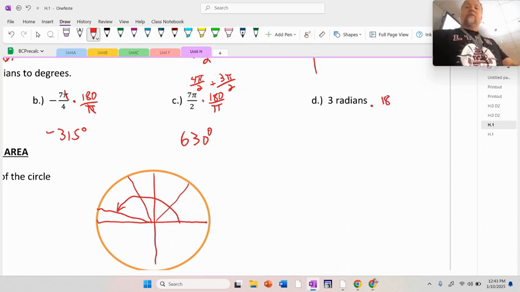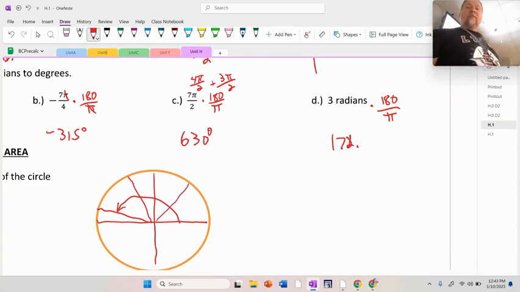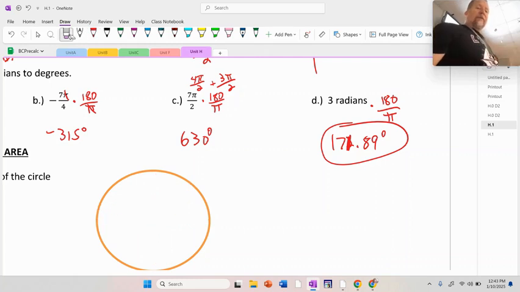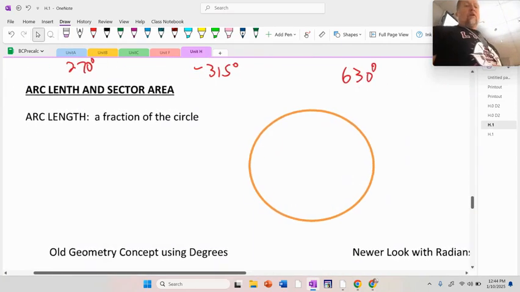Type 3 times 180 and then divide that by pi. And you're going to get probably 170 some degrees. 172 what? Okay, and that's where we want to make that connection. But hopefully you didn't draw on there. We already drew what 1 radian is in one of the questions here.